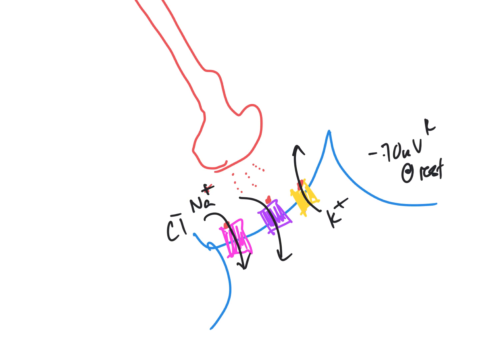That's our resting membrane potential. All right. So let's say this neurotransmitter binds to its receptor, and that receptor is a sodium channel, and a positive ion goes in. What's going to happen to our resting membrane potential?